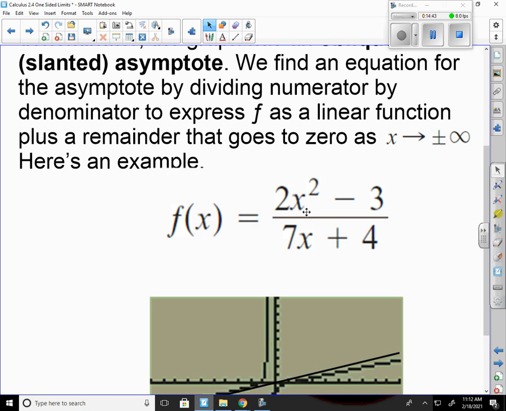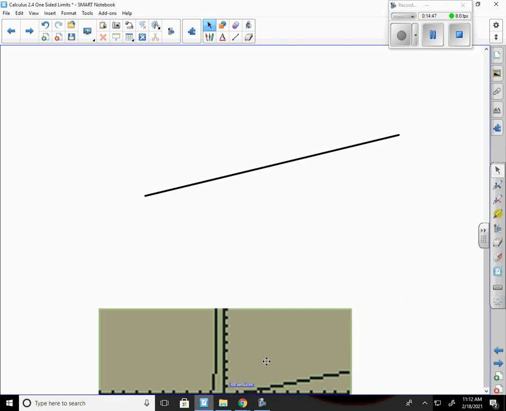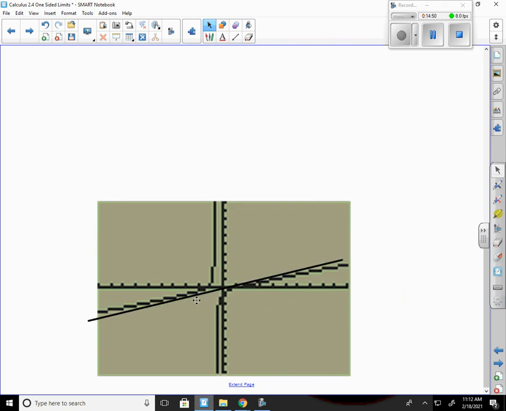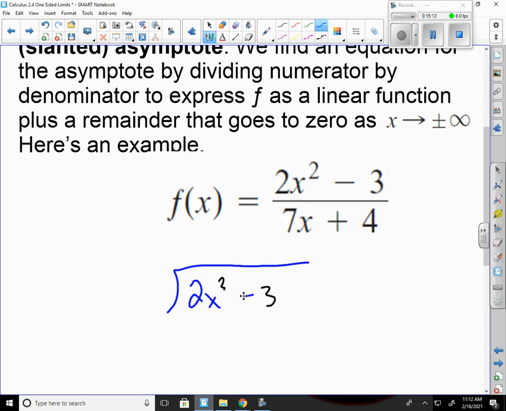So if I start by doing what we had been doing with these, move this out of the way, and divide everything by the highest degree, or if we just do long division, that's actually the best way. So if I do long division, I have 2x squared minus 3, and then 7x plus 4.